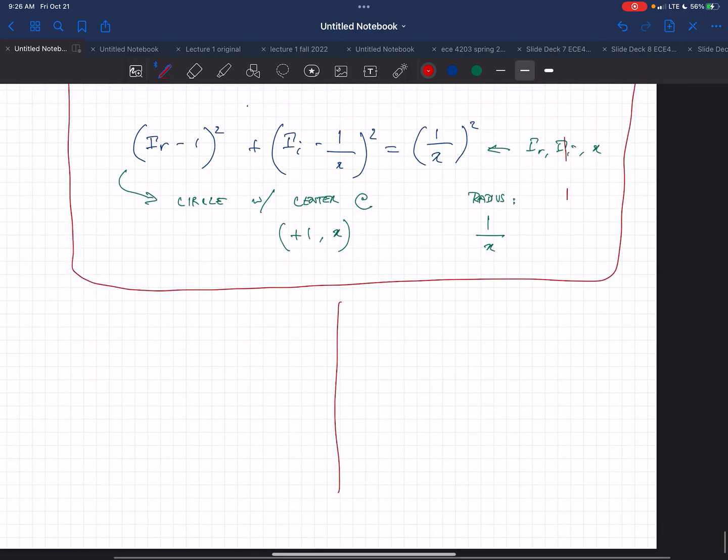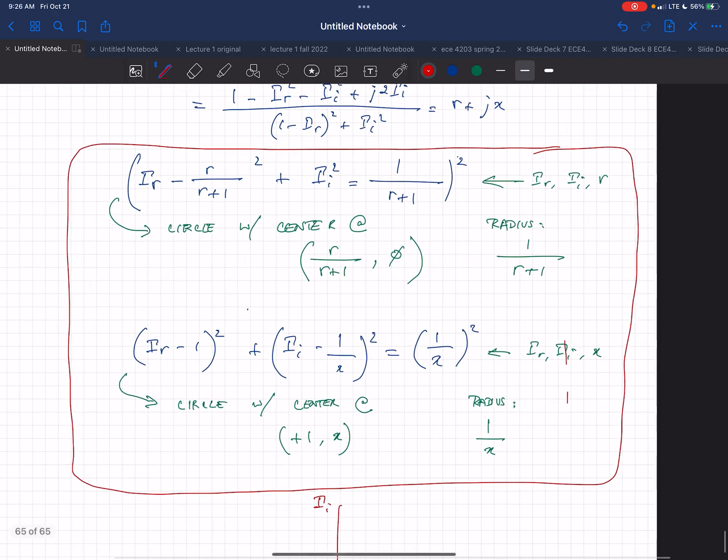And it's a circle when I draw them on this gamma real, gamma imaginary plane. So it looks like two circles that are functions of the real and imaginary part of impedance.